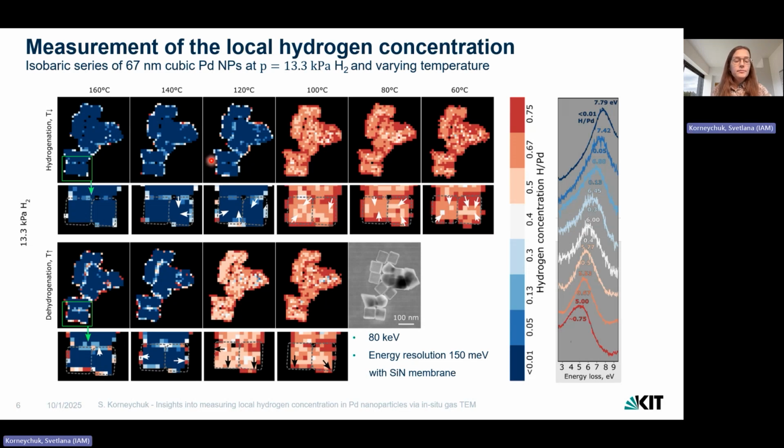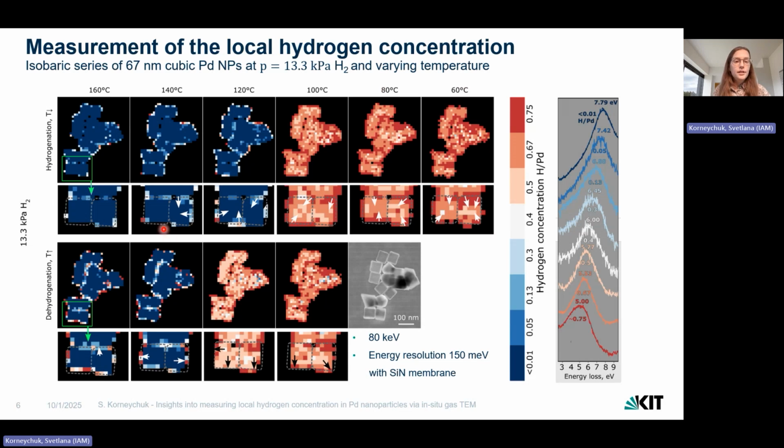As I said at the beginning, we kept the pressure constant in this experiment, about 300 kilopascals, 13,000 kilopascals. And then we decreased the temperature from 160 to 60 degrees Celsius, observing the phase shift.